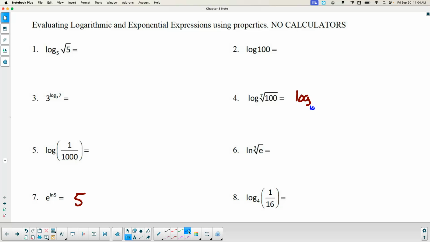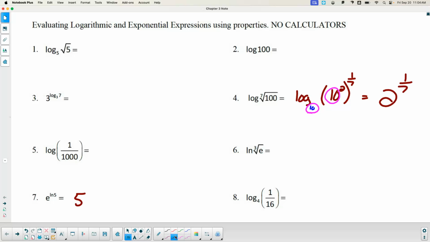So this would really be log base 10 of 10 squared to the 1/7 power. So this 10 cancels out that 10, and so then that just leaves me with 2 to the 1/7 power.